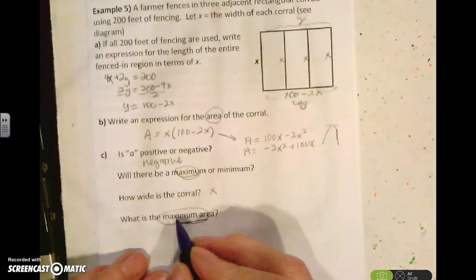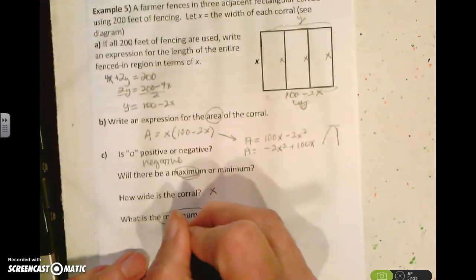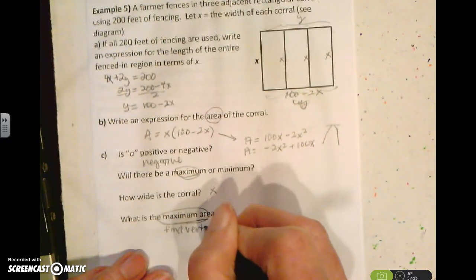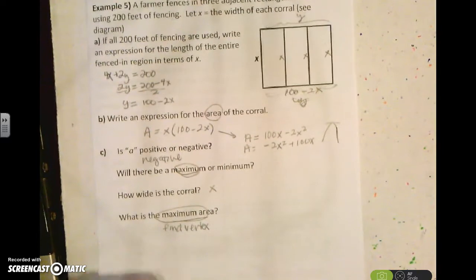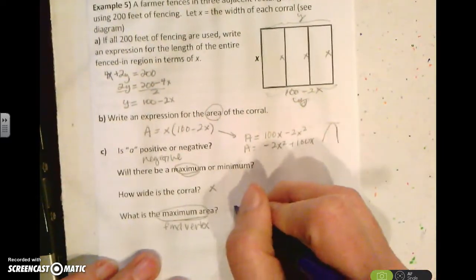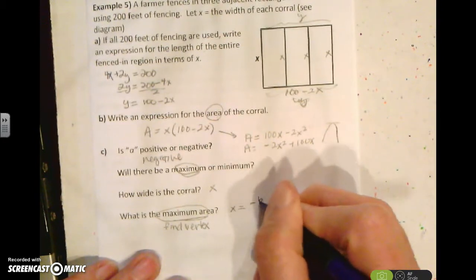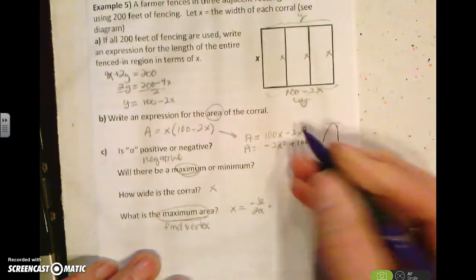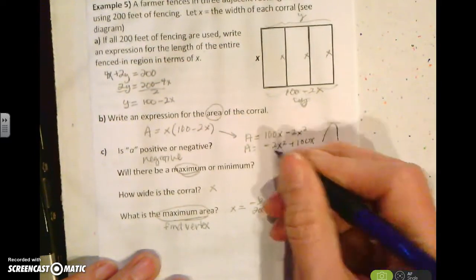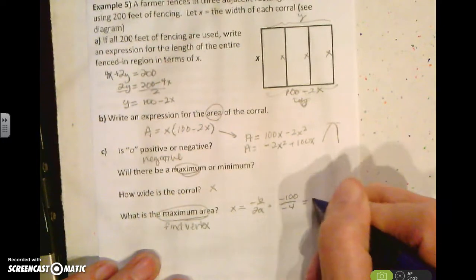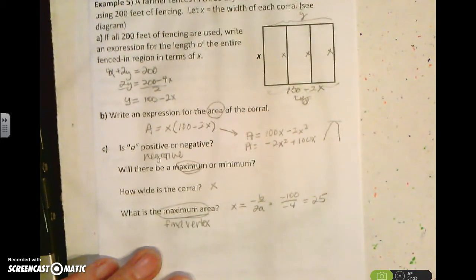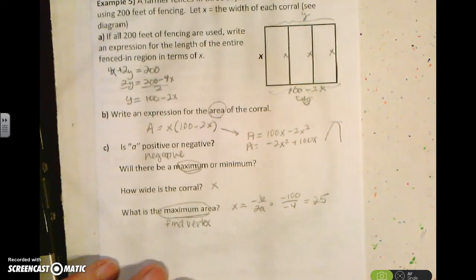And to find, remember, a maximum, I need to find the vertex, because the maximum on a quadratic equation always occurs at the vertex. So for our vertex, we need to do axis of symmetry. So negative b over 2a. So the opposite of b is going to be a negative 100 divided by 2 times negative 2. That's negative 4. And I get 25 for my value of x for the vertex.